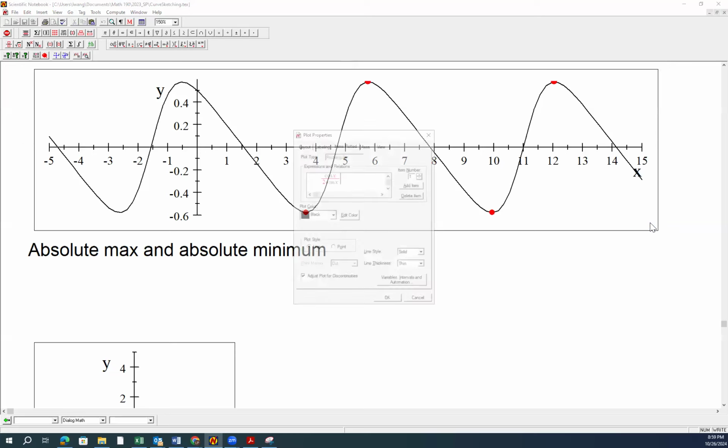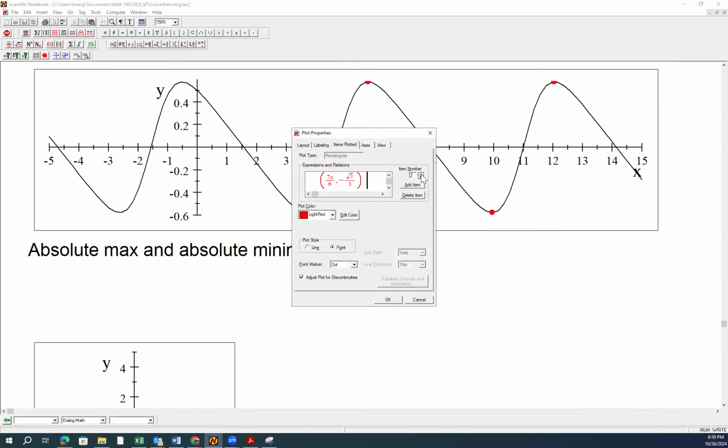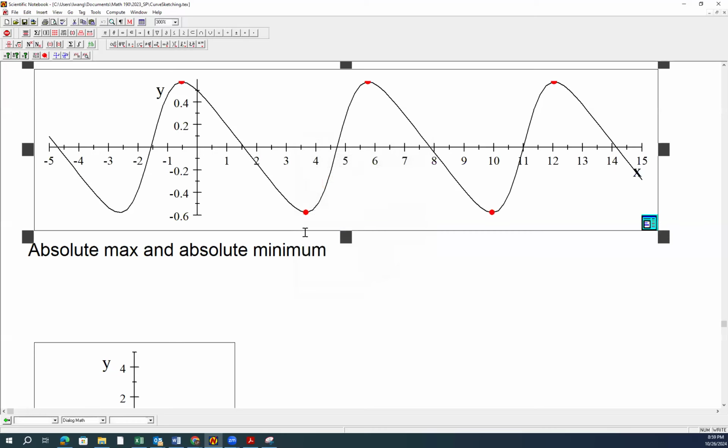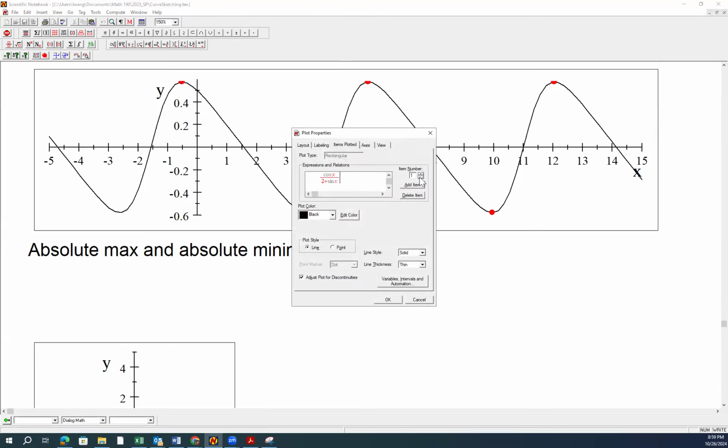Did I subtract 2 pi? It should go there. Oh, never mind, because I forgot to make the dots. Okay, you can see it goes there. But this one, if I subtract 2 pi, it's going to go there. So adding 2 pi, subtracting 2 pi, we will get new ones.